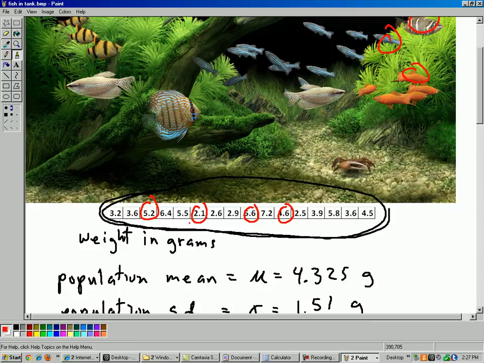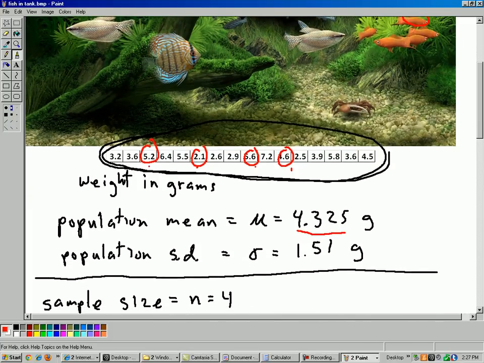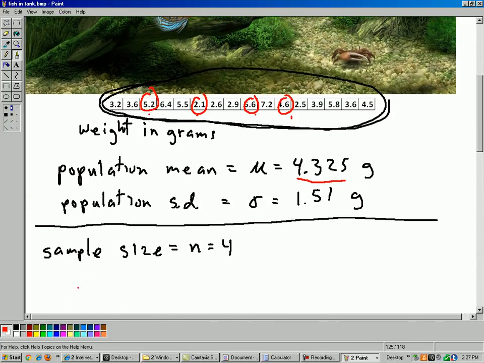So how close did my sample mean of these 4 fish get to our population mean of 4.325 grams? So let's go ahead and calculate that. So x bar equals 5.2 plus 2.1 plus 5.6 plus 4.6, divide all that by 4.